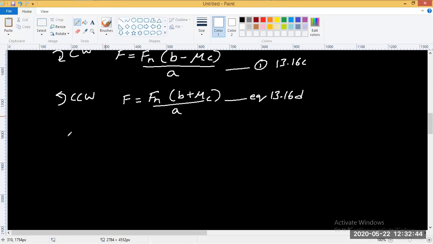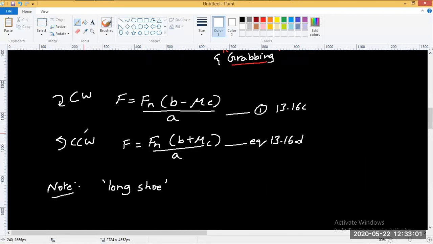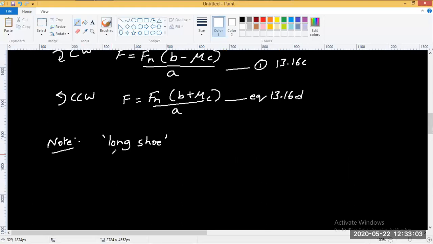One more thing, a small note. Sometimes in the question it will be mentioned as a long shoe. Shoe means this thing here, the grayed out portion. That's called the shoe. Suppose in the question it is mentioned as a long shoe. In that case, pressure along the length of the shoe is not uniform, because there will be some amount of buckling in the shoe because of the extra length.